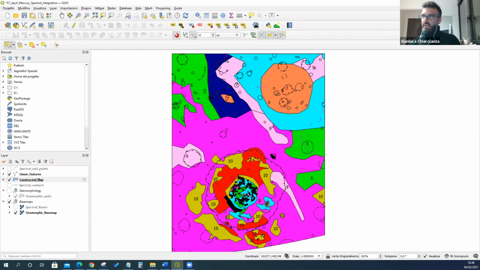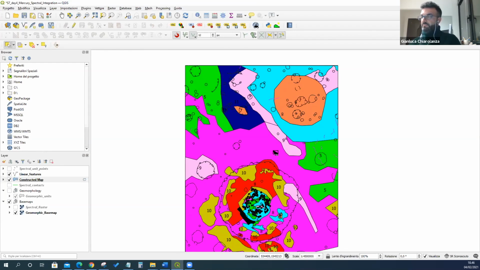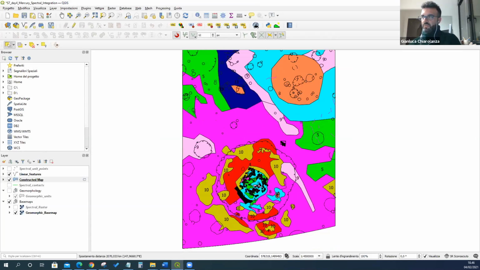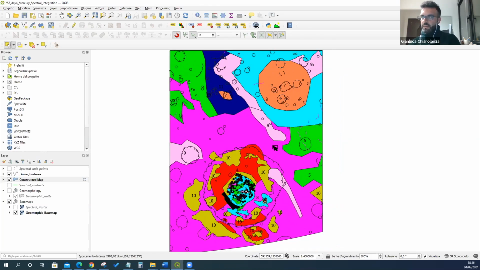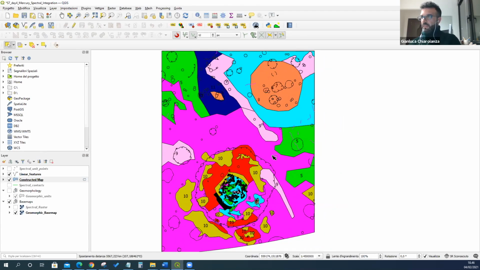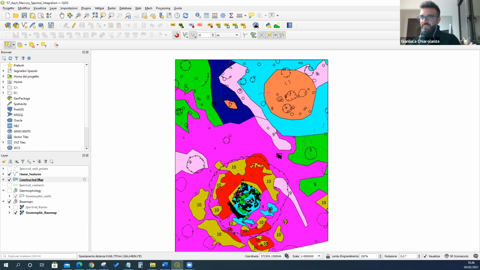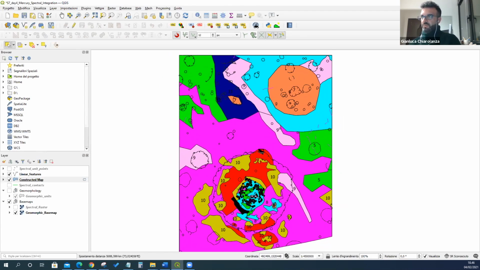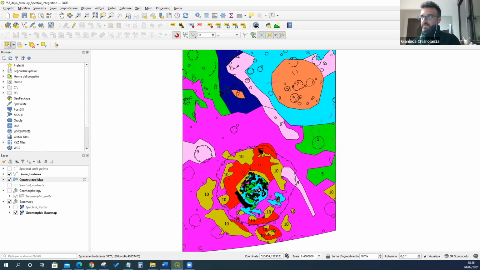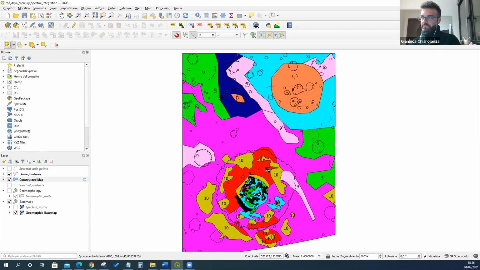So it probably identifies the ejecta material that was deposited from another impact that we cannot, of course, see in this map. So these are the main points of interest that, together with Valentina, we managed to collect during our discussion.